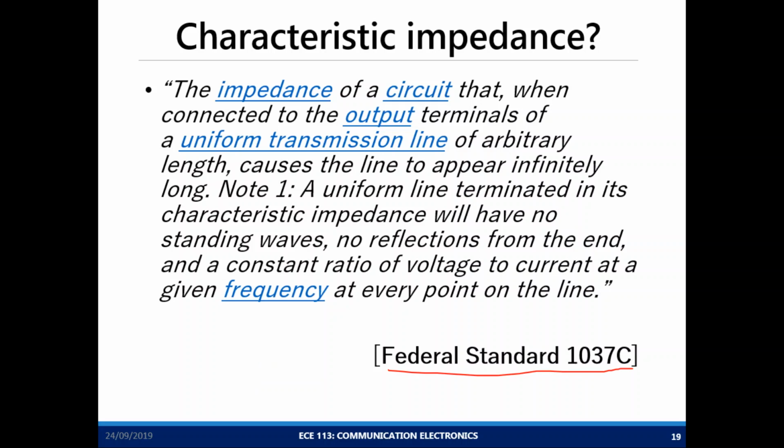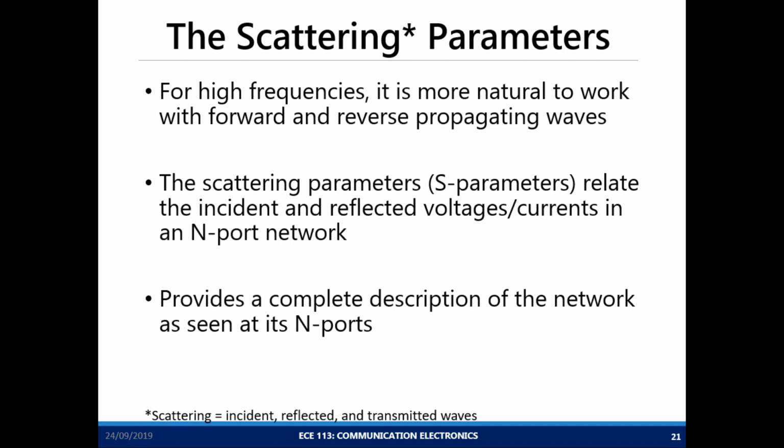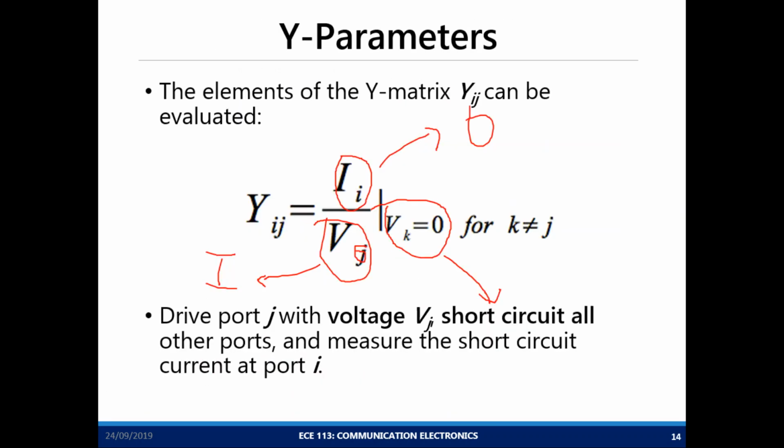So that is your characteristic impedance. Your scattering parameters, so you just ignore this slide. Your scattering parameters are a type of N-port parameters that deal with the scattering of the voltage waves and current waves inside the network. When we were talking about Y and Z parameters, we looked at currents and voltages as the inputs.